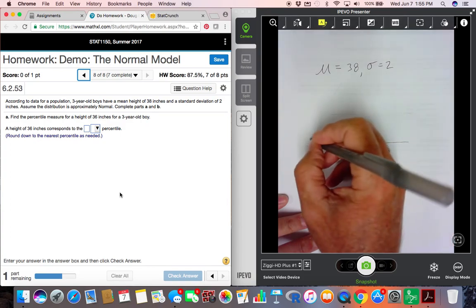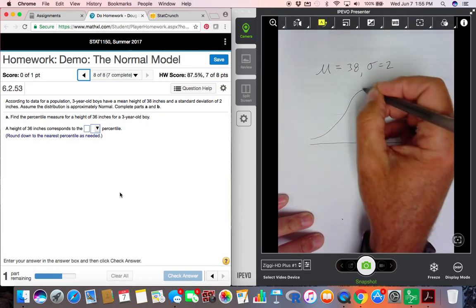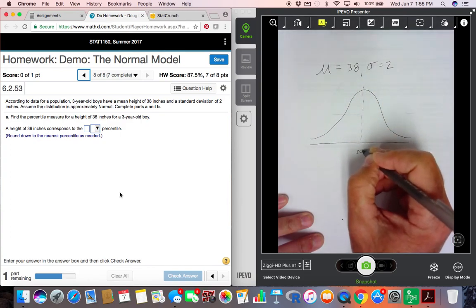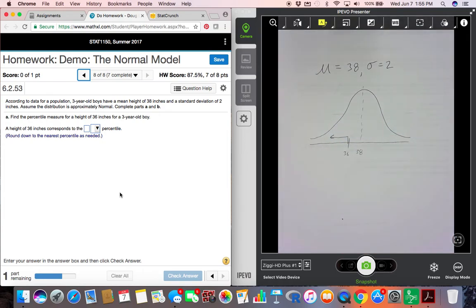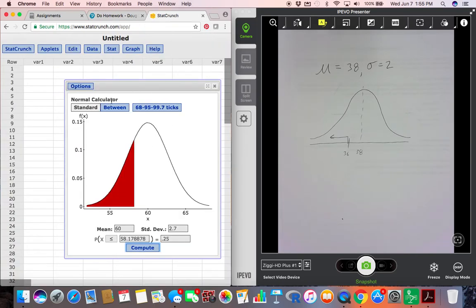So guys, remember, we have the mean of 38, and percentile just means what percentage of scores is below. Pretty easy problem, right?